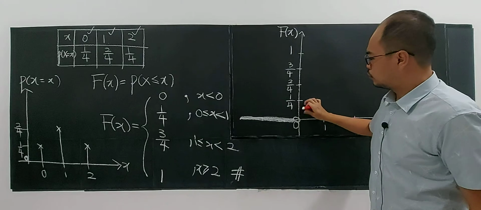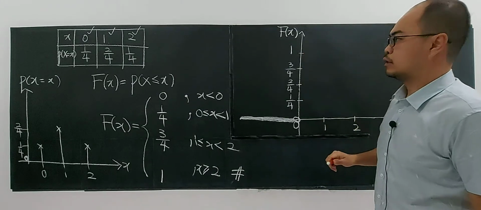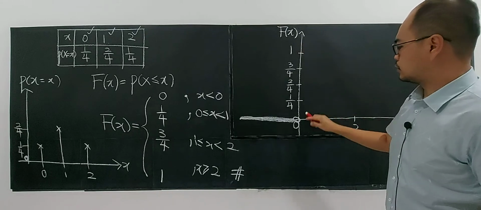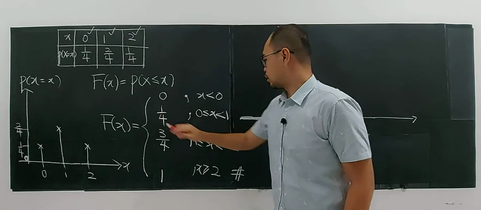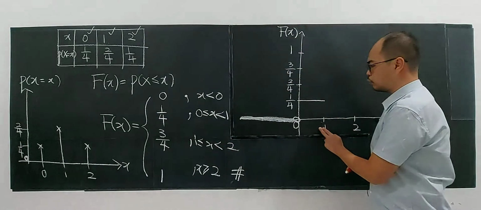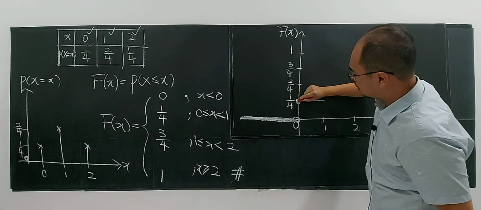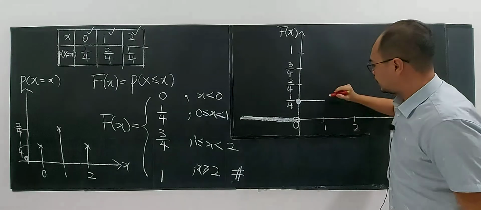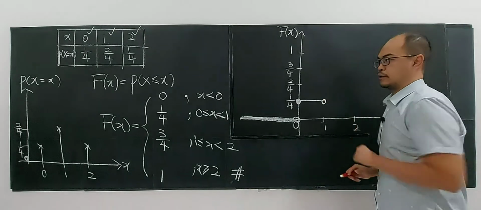You see, 1 over 4 plus 1 over 4 plus 1 over 4 plus 1. So between 0 and 1, the cumulative is 1 over 4. For here I put a solid circle, and here I put an empty circle.